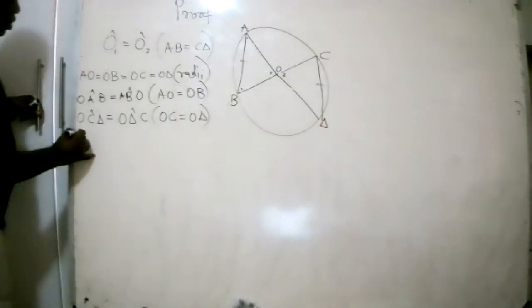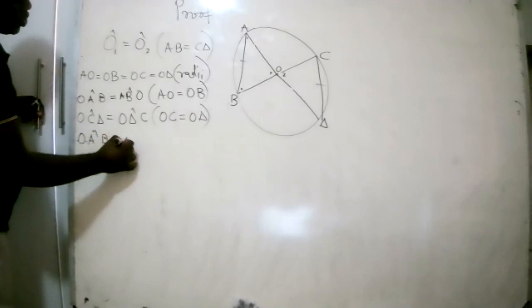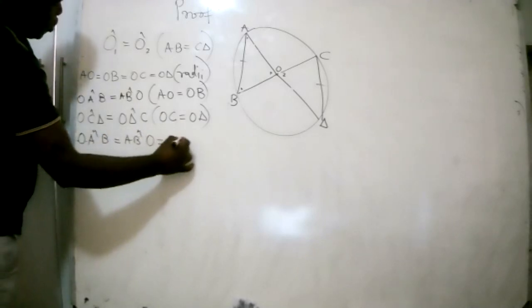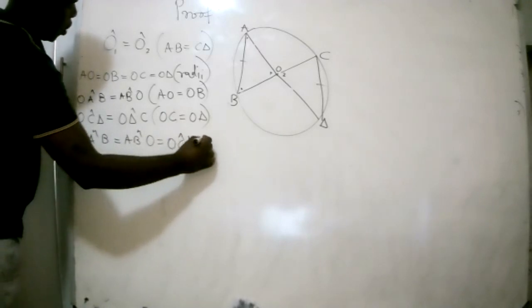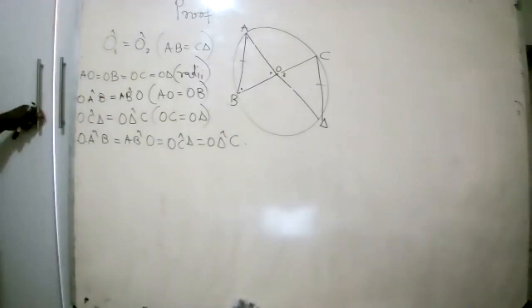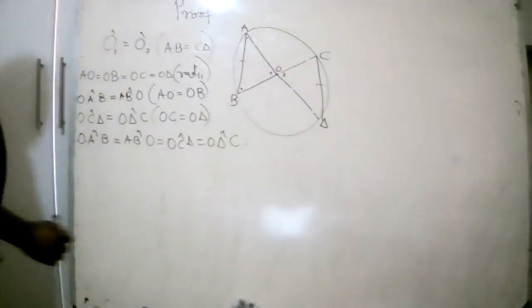So we have angle OAB equal to angle OBA, equal to angle OCD, equal to angle ODC. So all these angles are equal.